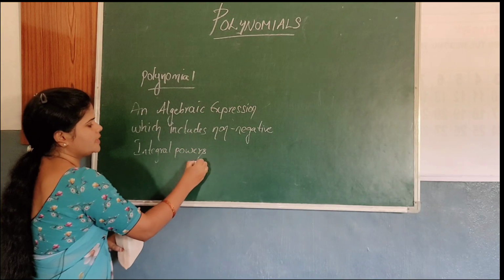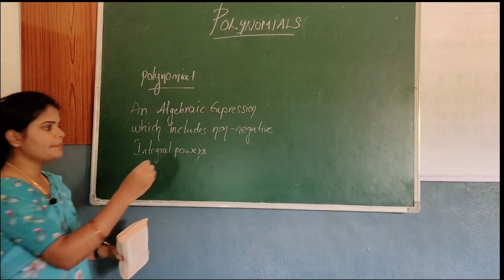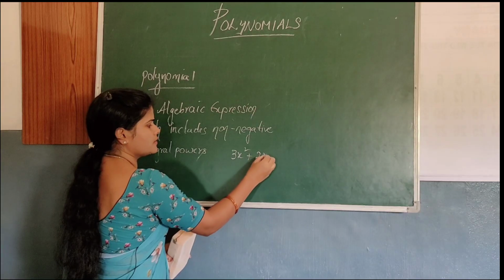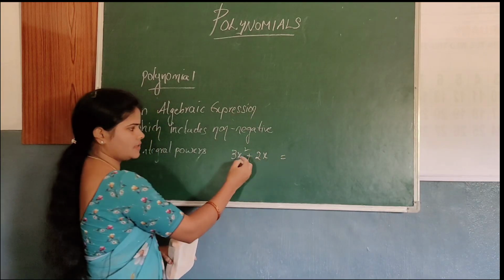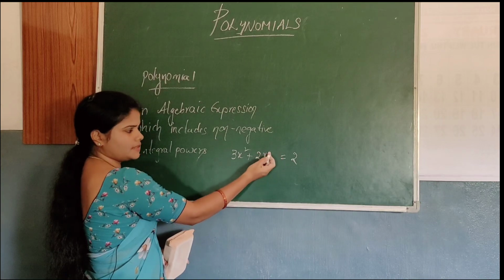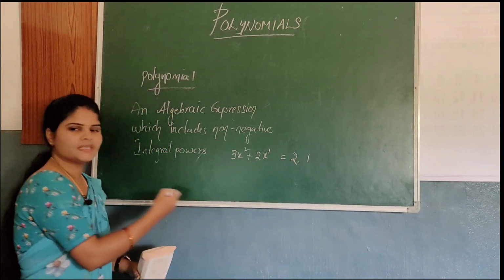An algebraic expression which includes non-negative integral powers. For example, if I take 3x square plus 2x, here the power of x is 2, and here if nothing is written, it represents 1. So 2 comma 1, so it's a polynomial.